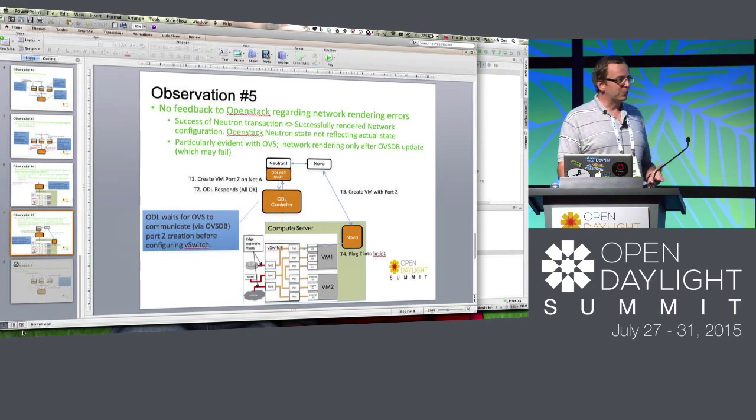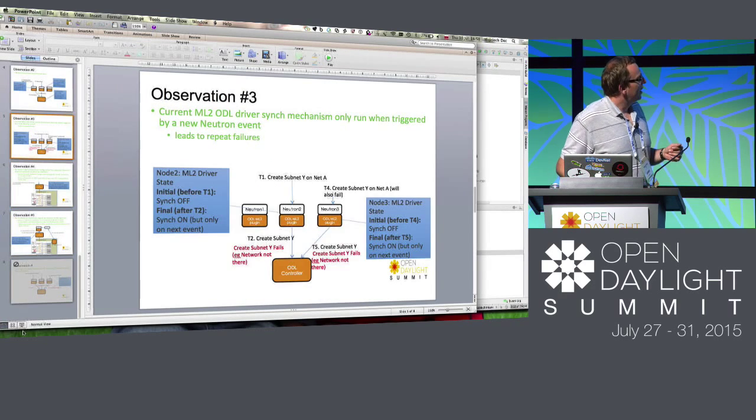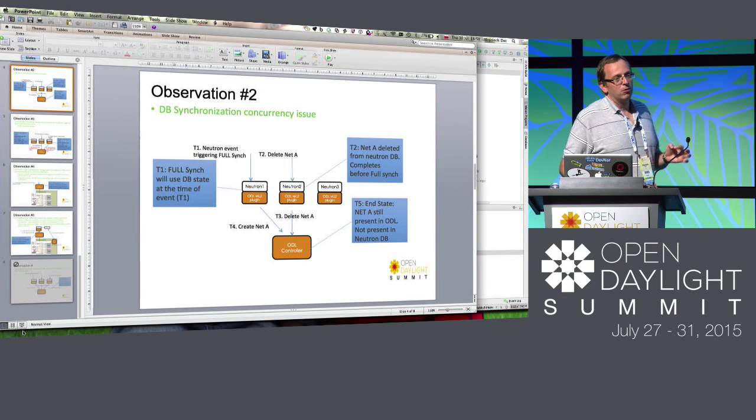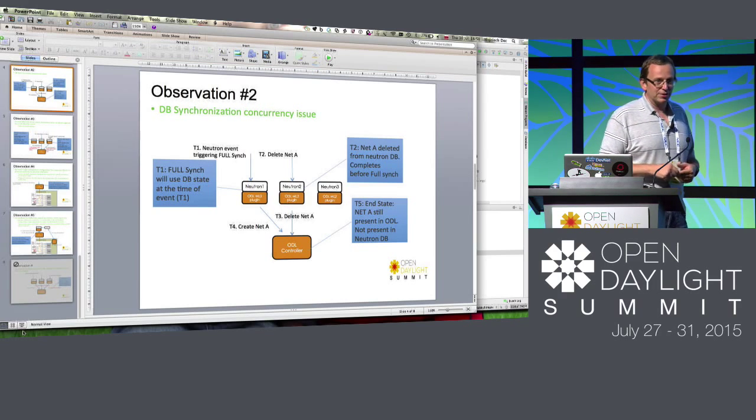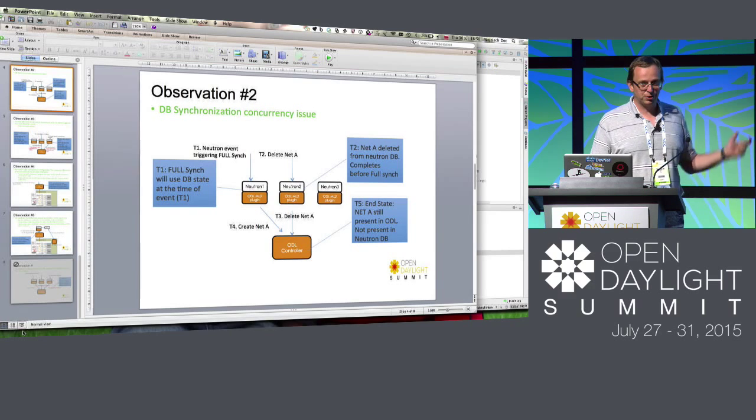In the interest of engineering, we have some fixes or enhancements to these mechanisms that make these problems much smaller. For example, we patched the ML2 driver to minimize the number of full syncs that it does. Basically, do not do a full sync randomly or semi-randomly, but do a partial sync or a single resource sync, so you have a smaller window of opportunity of getting trapped.